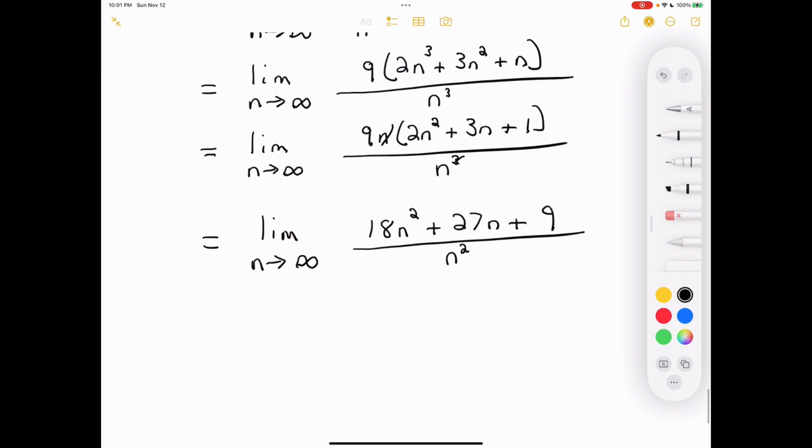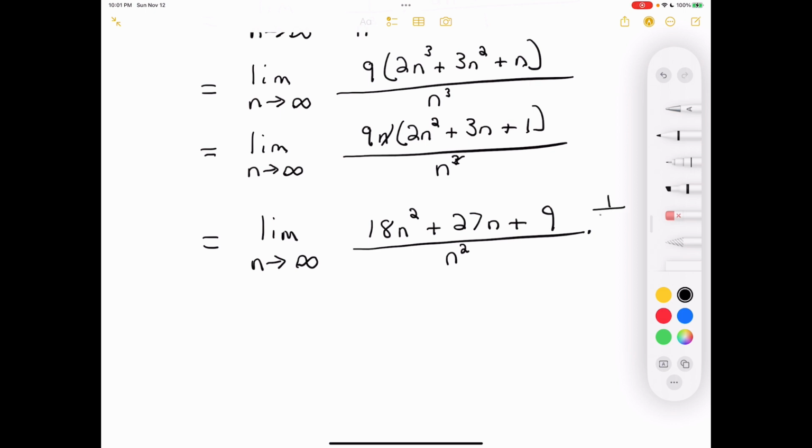Now, from here, that was pretty tedious, I won't lie, but from here, just very simple limits at infinity techniques. We notice here that the degree of the numerator and the degree of the denominator are the same, but typically the technique for solving limits at infinity of rational functions is to take the largest term in the denominator and divide each term top and bottom by it.